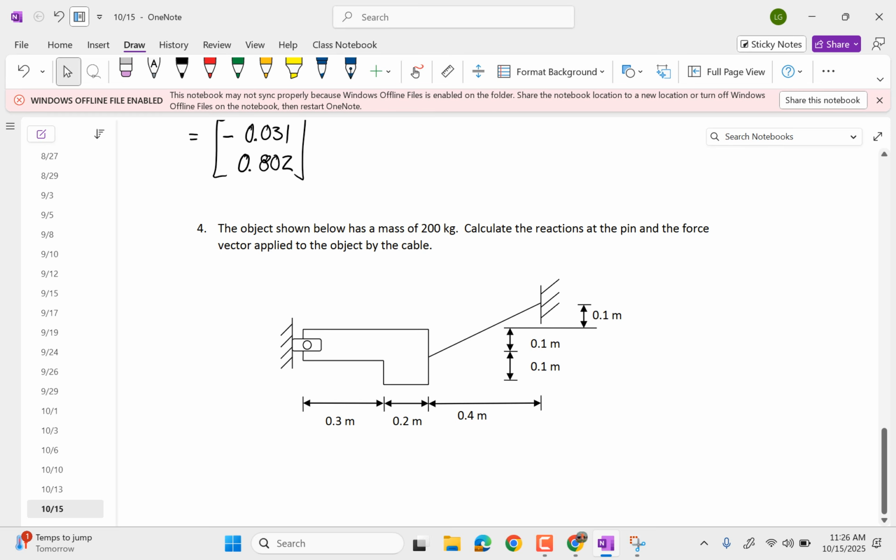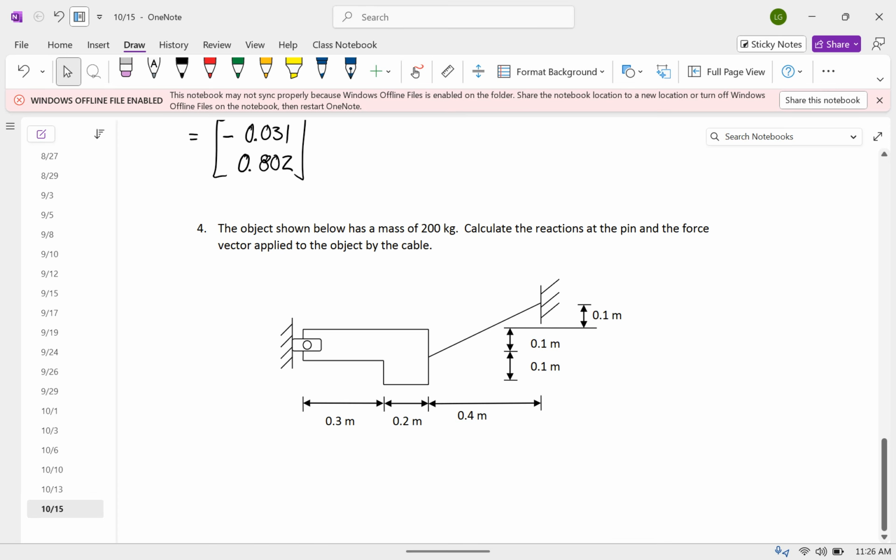Okay. So the only reason you need to use the centroid at all in this one is to find where the weight force applies. This has a mass of 200 kilograms.